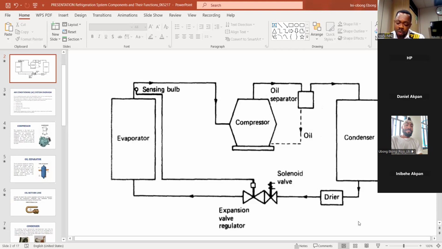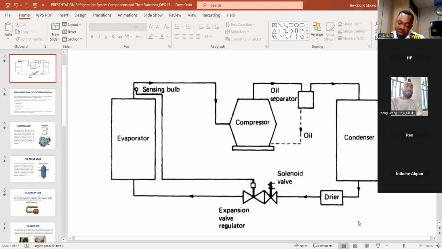Okay, now 50 plus 2.5 is 52.5. So 47.5 to 52.5 is the working range of that capacitor.